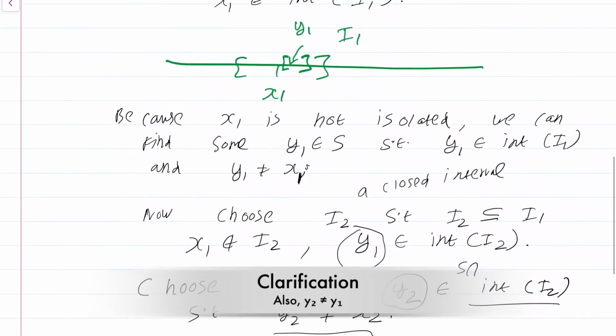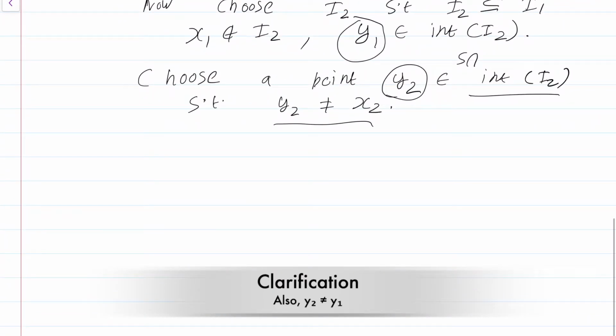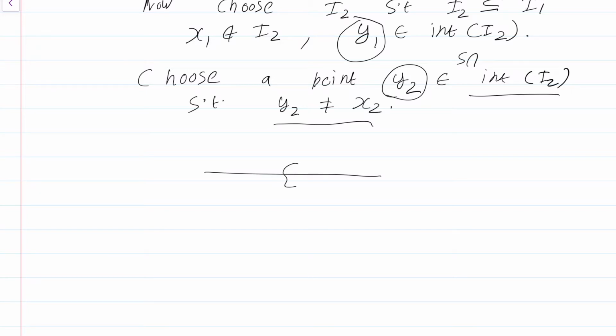Okay. So now zooming the previous picture, what has happened is we have this I2, and in this I2 we have our element y1. We are choosing a y2 here.